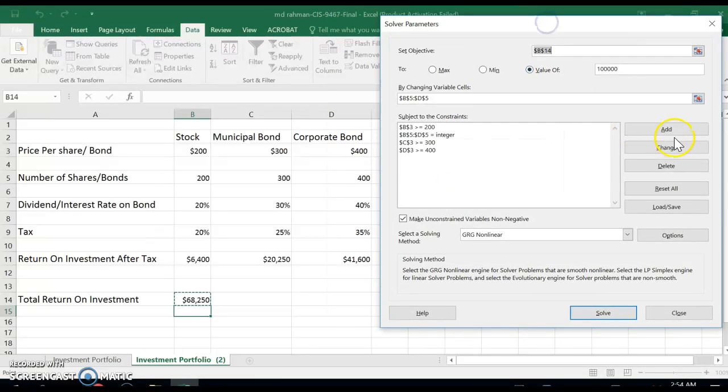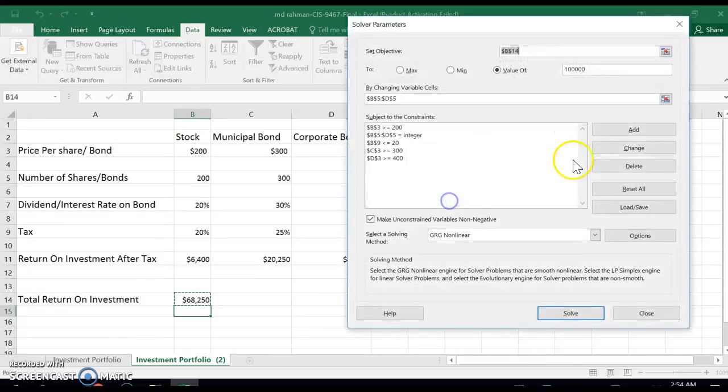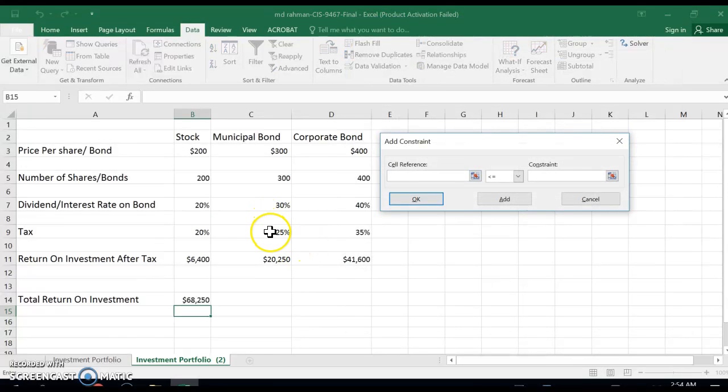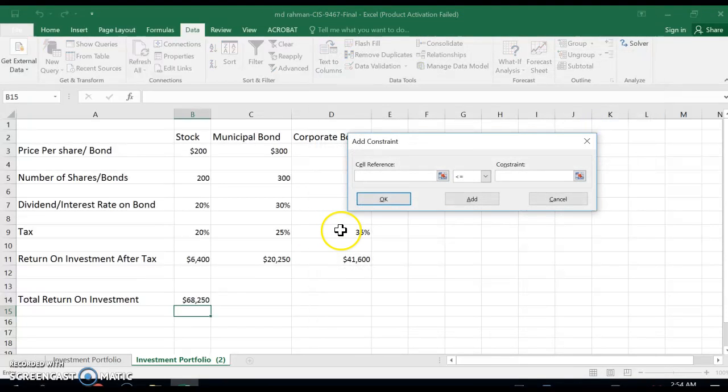Now I'm not using the dividend here; I'm using the tax rate. The tax rate is no more than 20%, no more than 25% for the municipal bond, and no more than 35% for the corporate bond.